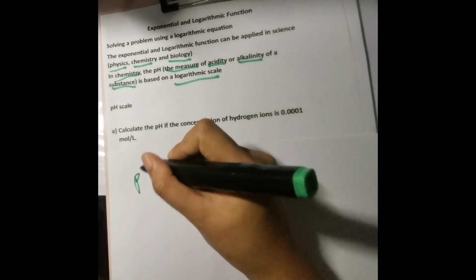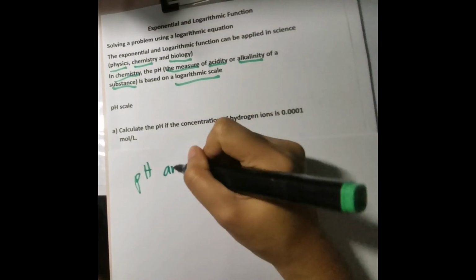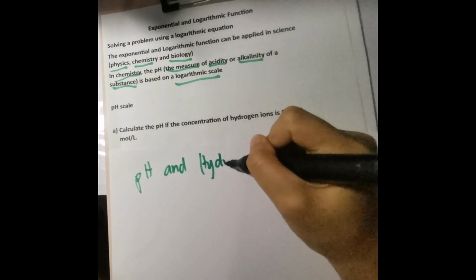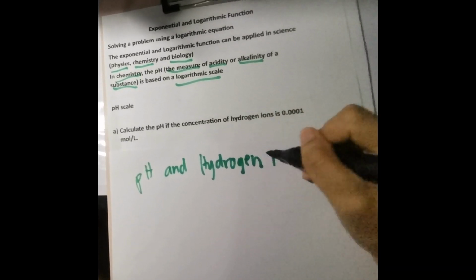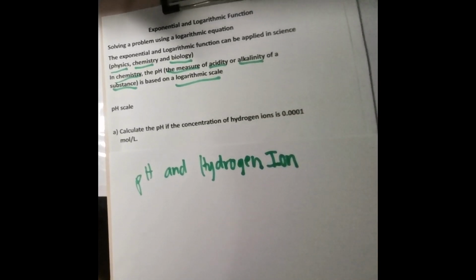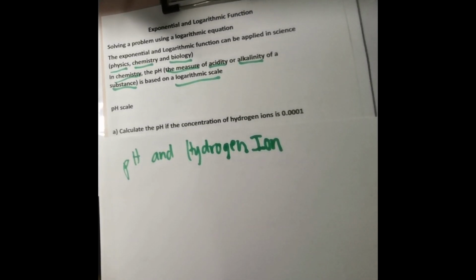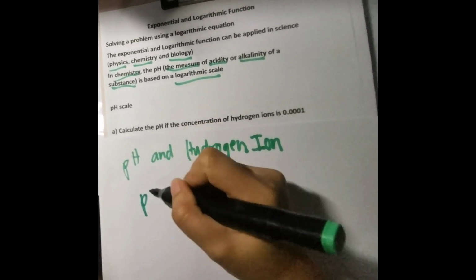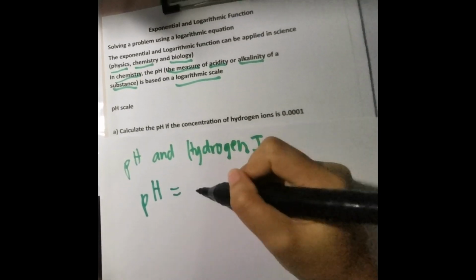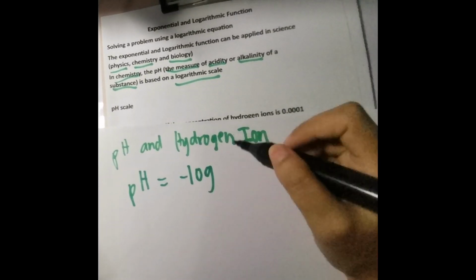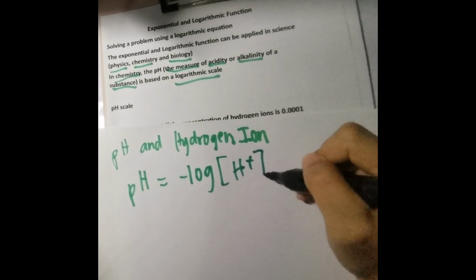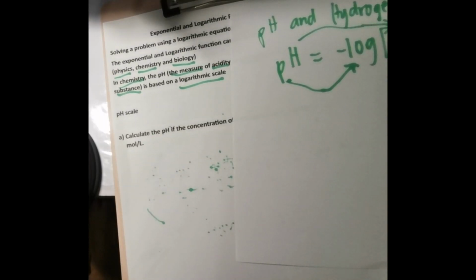So let's now discuss the relationship between pH and hydrogen ion concentration, given by the formula pH is equal to negative log H plus. So we will have the problem for the pH scale, using and applying the logarithmic and exponential function.